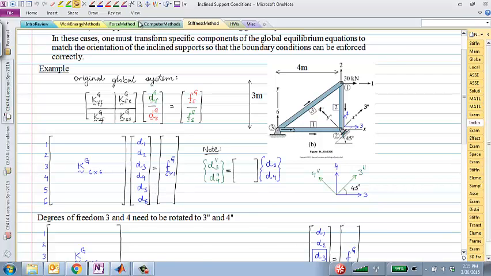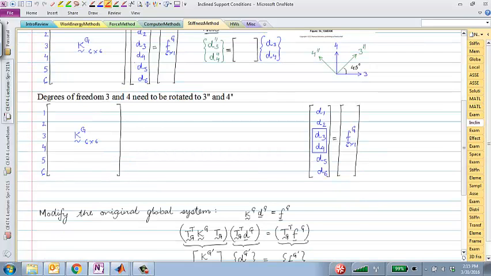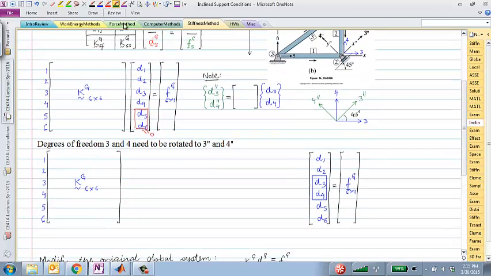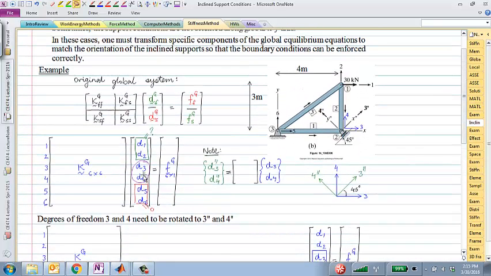I know that these two are 0. I don't know these two, but I know that some combination of degrees of freedom 3 and 4 is partially specified and partially free.